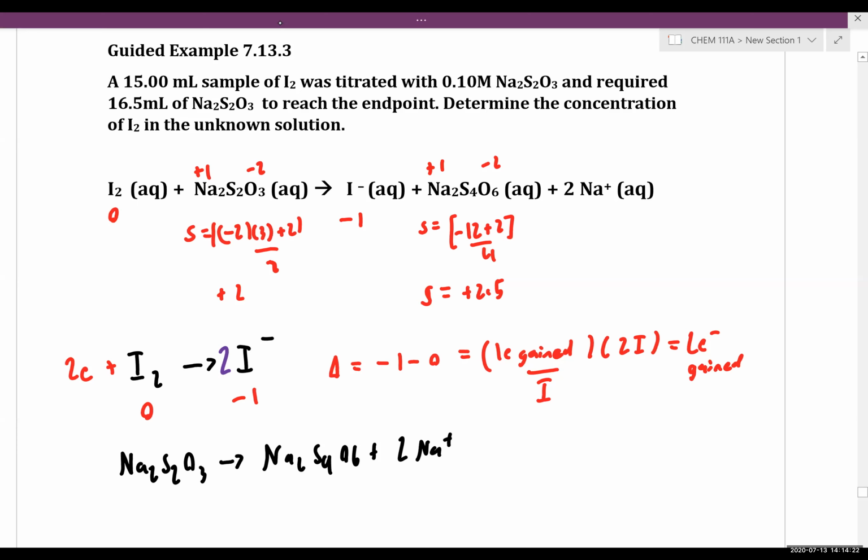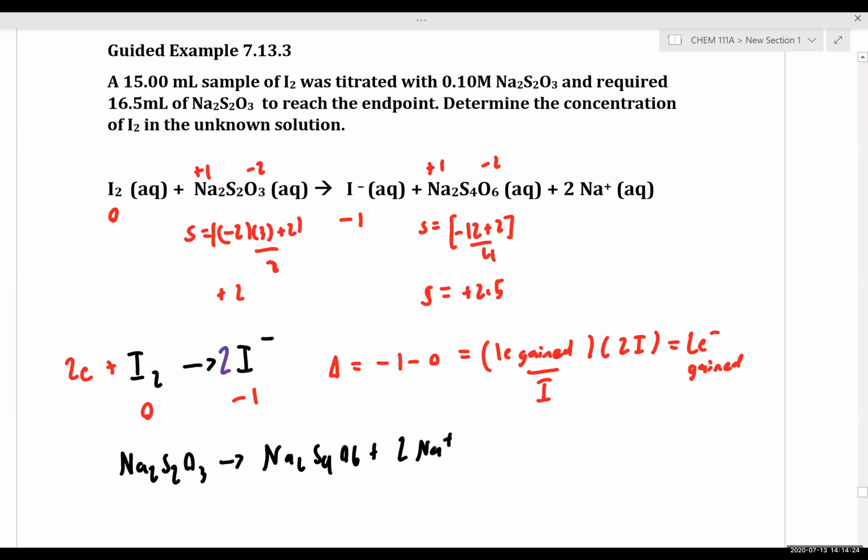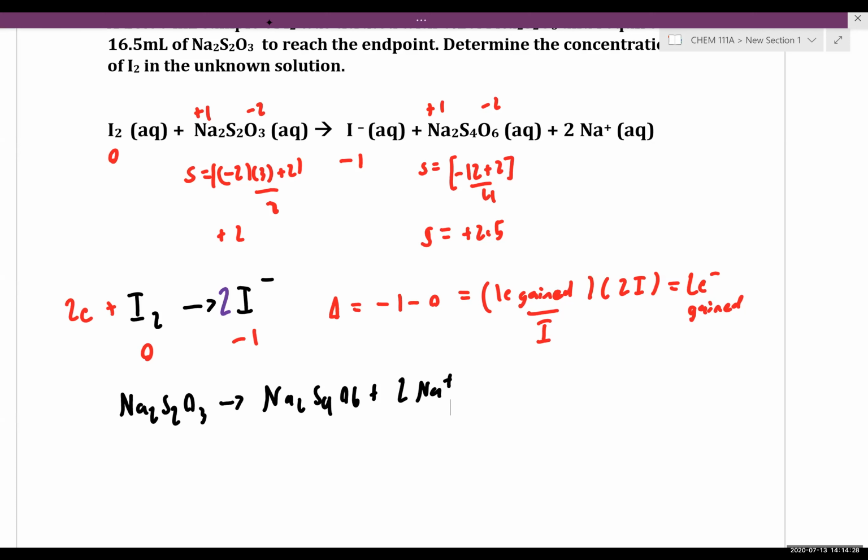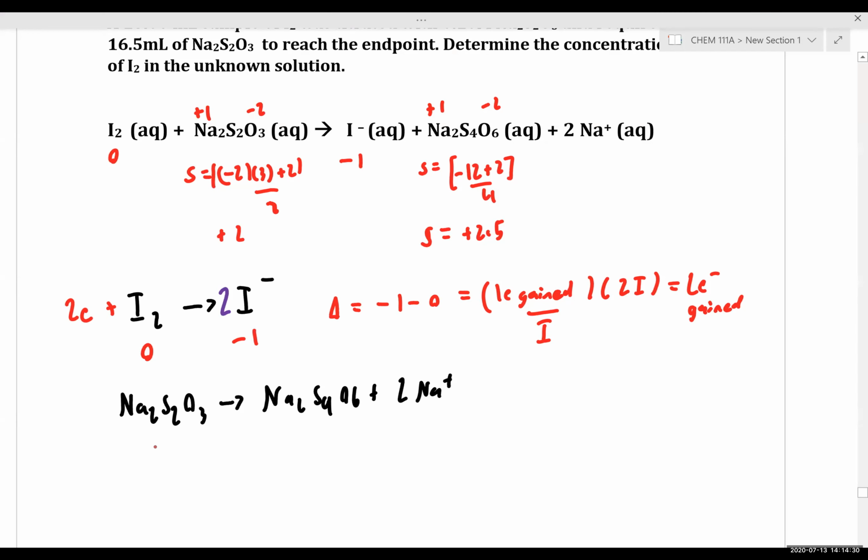So now looking at our redox equation, we can clearly see from our previous assignments, we go from sulfur +2 to +2.5. Our delta is 2.5 minus 2, which is 0.5 per sulfur. And we see that we have 4 sulfurs.